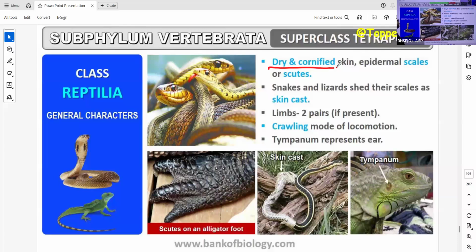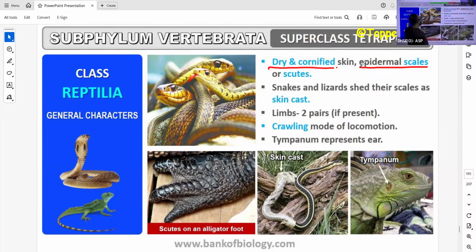Living in the dry areas, it prevents loss of water from the body. Hence, they can live in such a dry environment. Then, epidermal scales are plenty. As you can see, these are all scales.